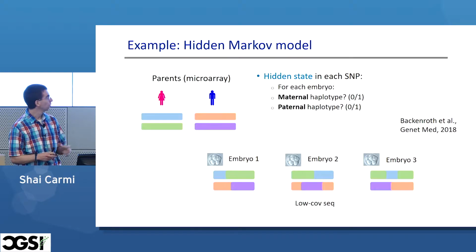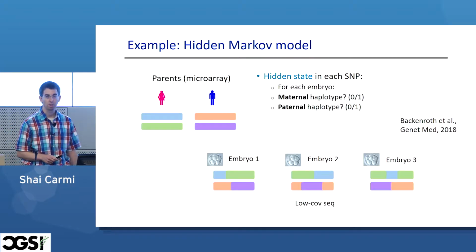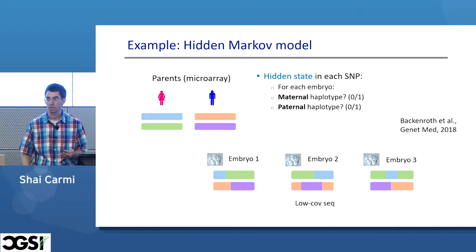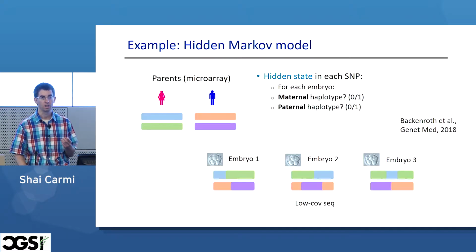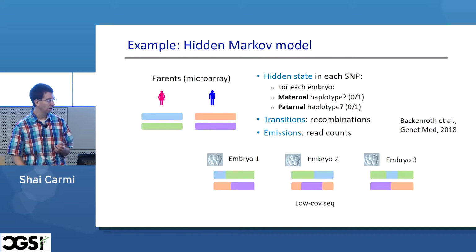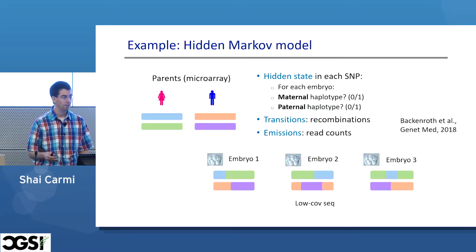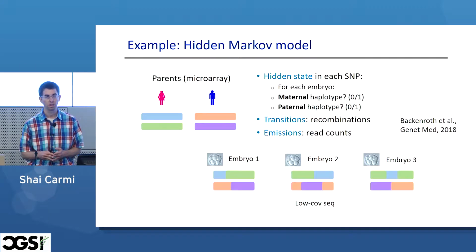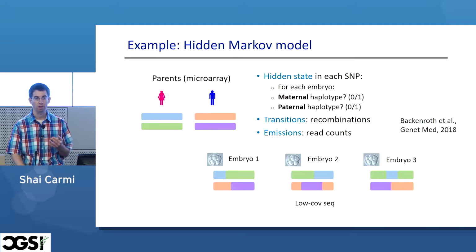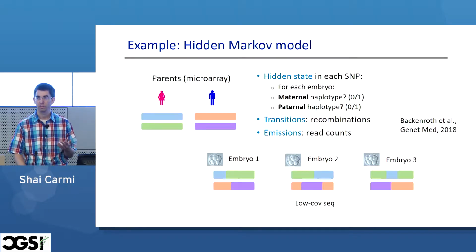So the way we implemented it is using a hidden Markov model, where the hidden state for each embryo is a pair of states indicating which of the two chromosomes of each parent were transmitted. And then transitions between states are due to crossovers, recombinations, and to model low coverage sequencing, the emission probabilities take into account the number of reads covering each SNP.